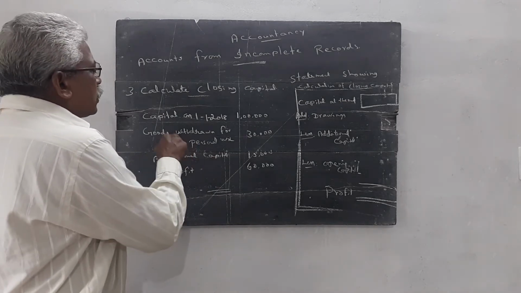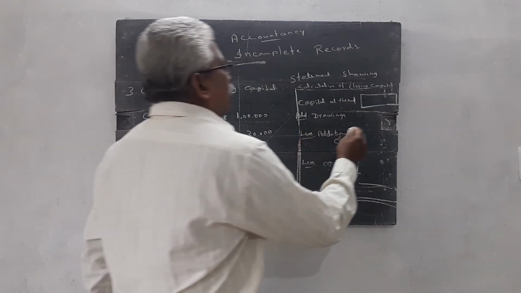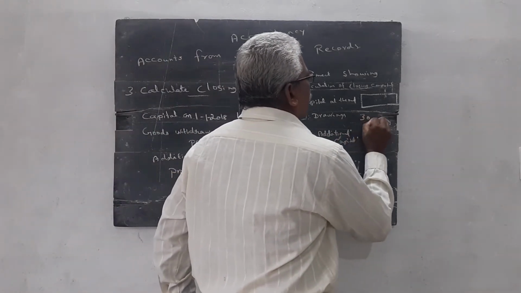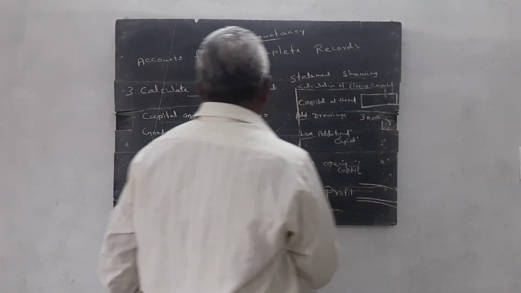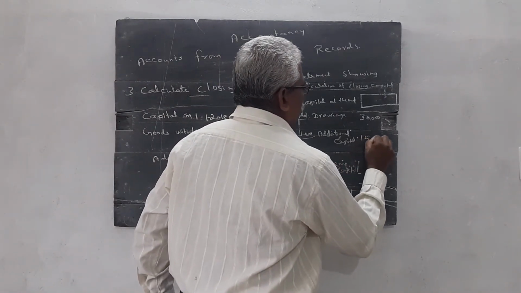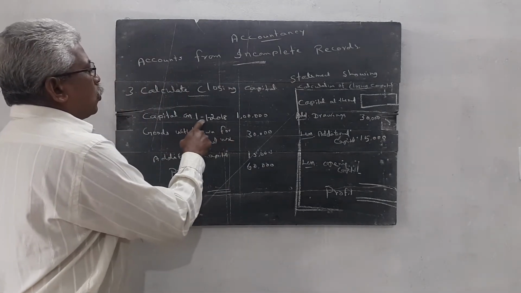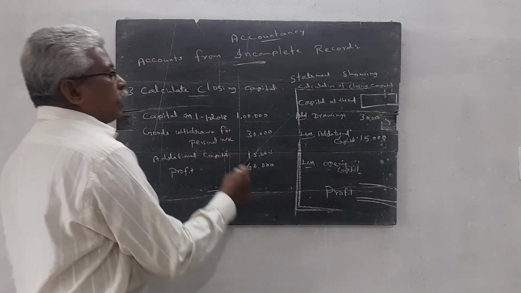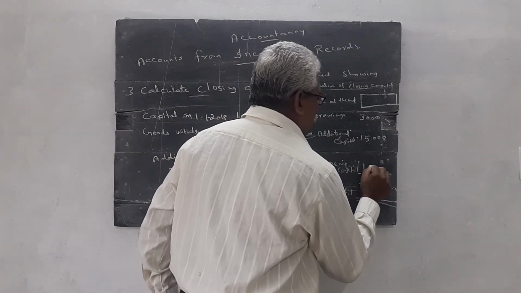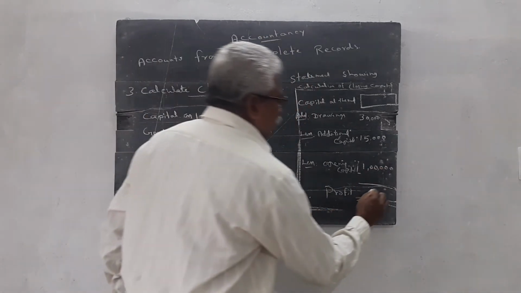In this question, goods are withdrawn for personal use, so here you write drawings 30,000. Then additional capital 15,000. Opening capital on 1/1/2018, that is opening capital 1 lakh. Profit 60,000.